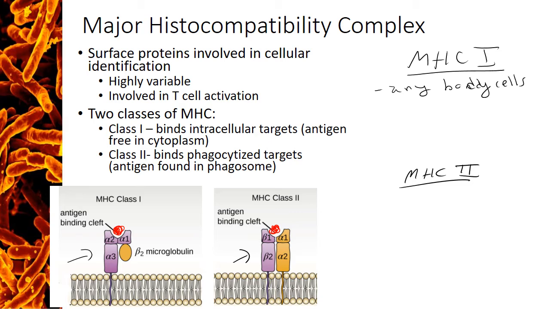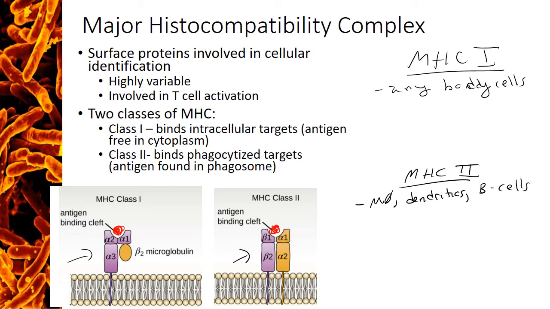So just about all of the cells in the body have MHC1 on their surface, whereas MHC2 is specialized to only macrophages, dendritic cells, so those two antigen-presenting cells we've talked about, and B cells.